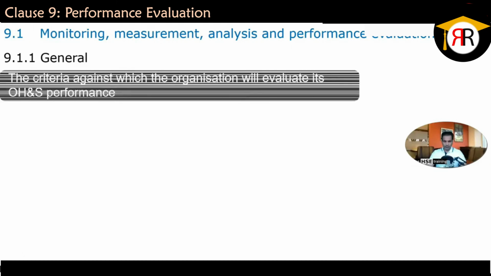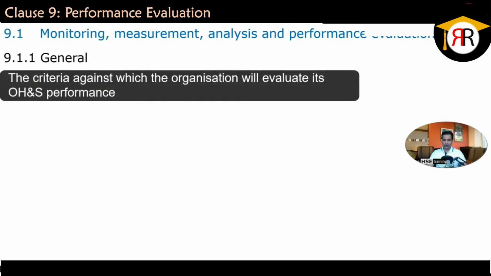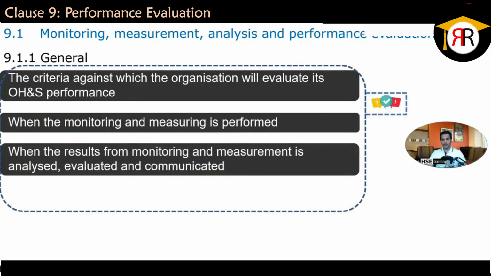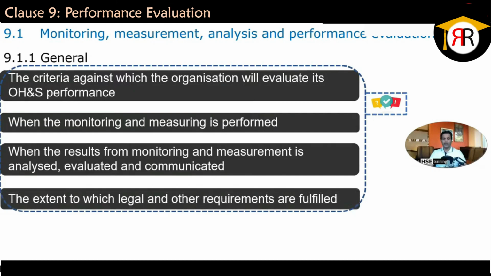Staying with the general section in terms of evaluation, how about the criteria against which the organisation will evaluate its OHSMS performance? And when the monitoring and measuring is performed, when the results from monitoring and measurement are analysed, evaluated and communicated, and the extent to which legal and other requirements are fulfilled.